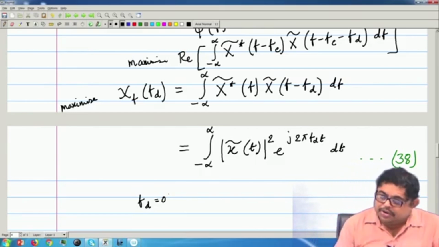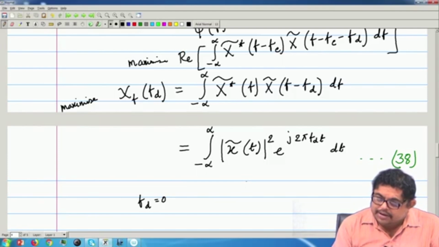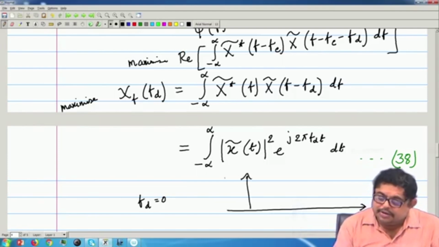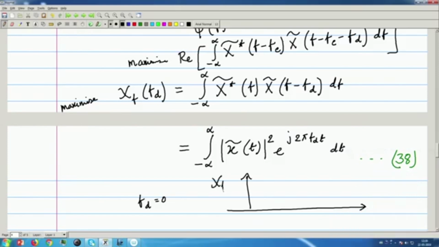So, I should again require that if I have this plot of this frequency correlation function magnitude, then that should have a peak, actually the peak is also here.